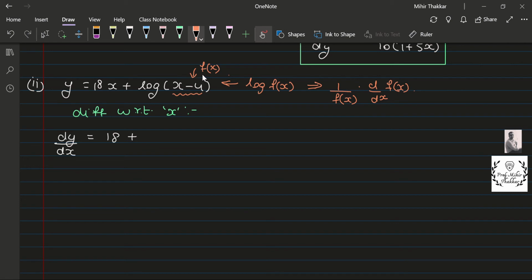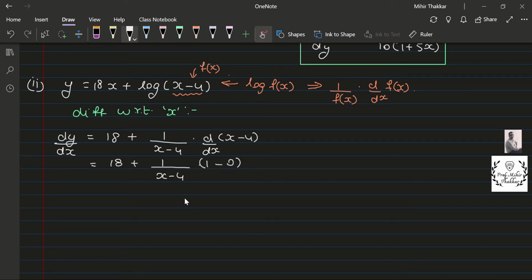And then once again we multiply this with the derivative of the inner function, the derivative of fx. So when I simplify, I get 18 plus 1 upon x minus 4 into derivative of x minus 4, which is 1 minus 0, because derivative of x is 1, derivative of 4 is 0.